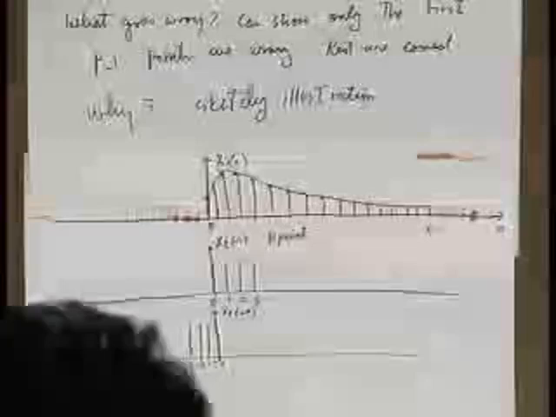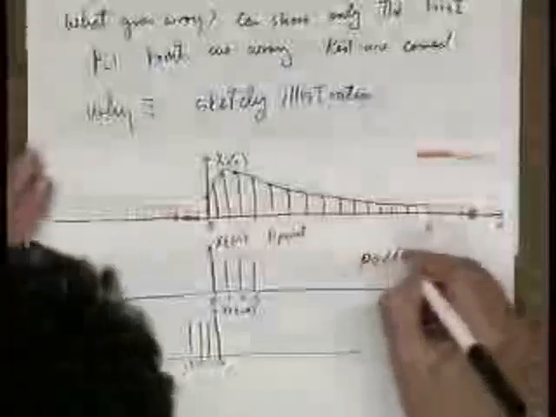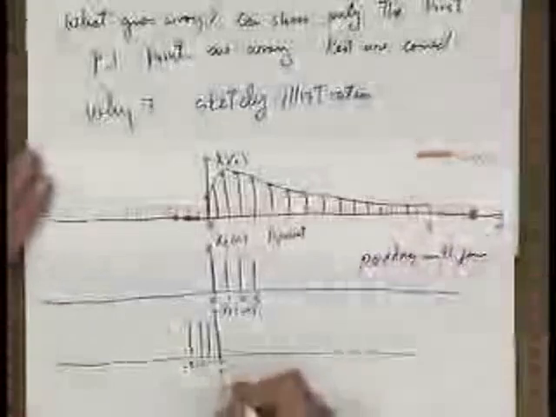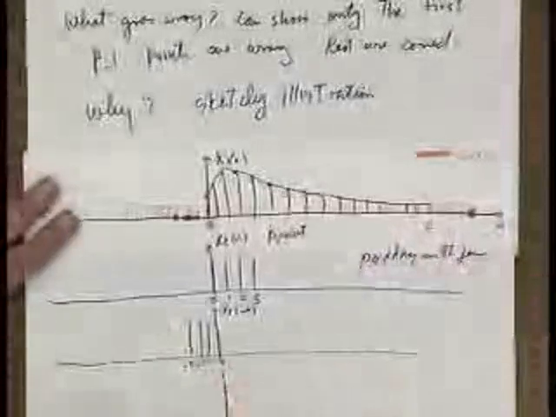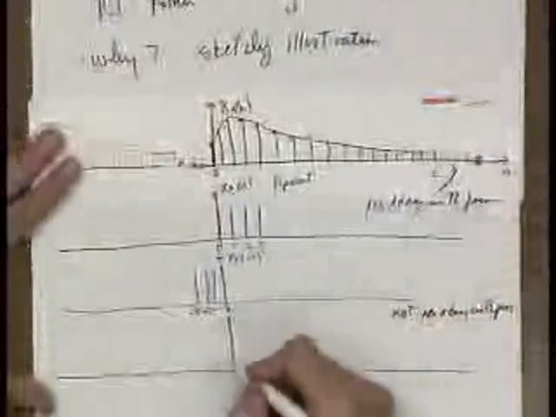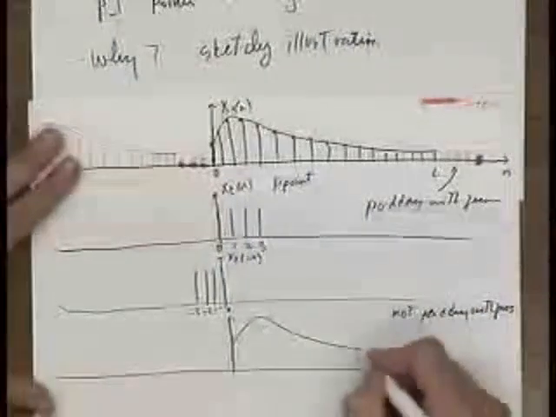What if we didn't pad? This is padding with zeros. What if I didn't pad this with 0? Then what would happen? Not padding with zeros, I'm just going to do an L point DFT. So how would that look? Well, the same picture.